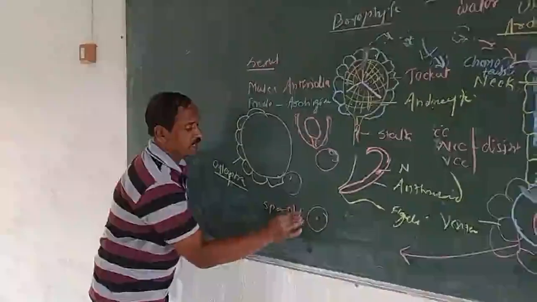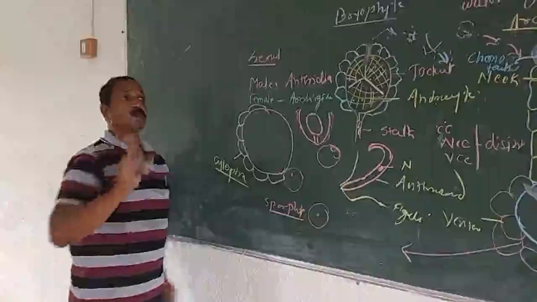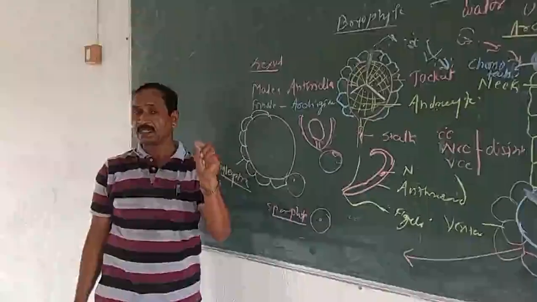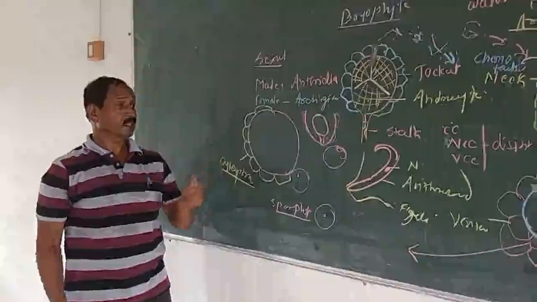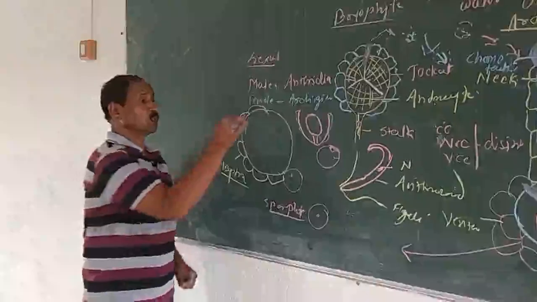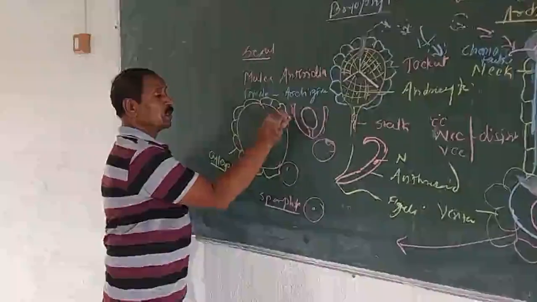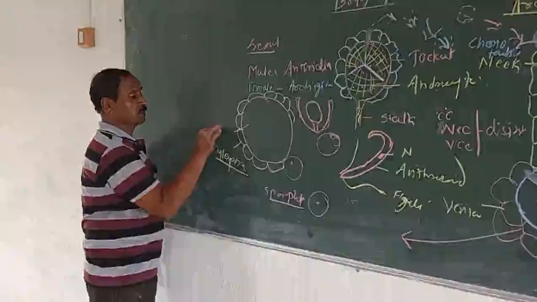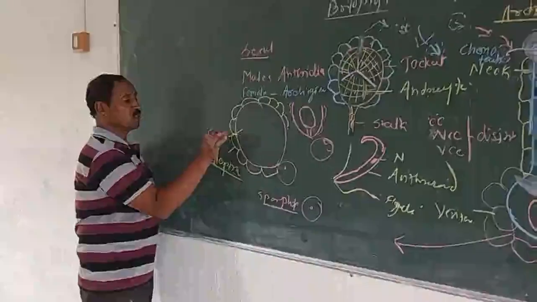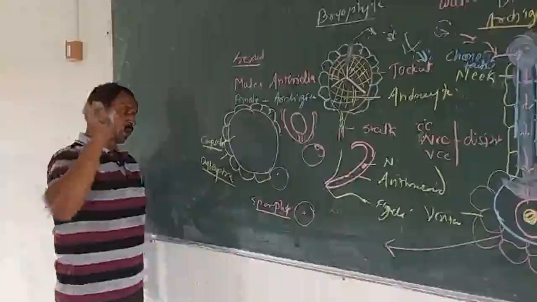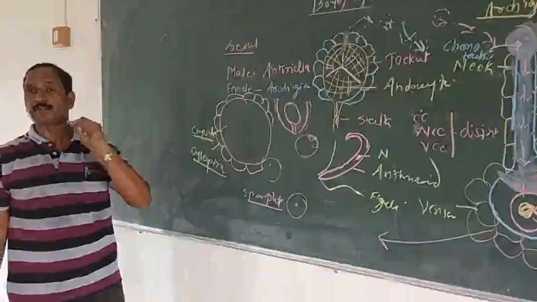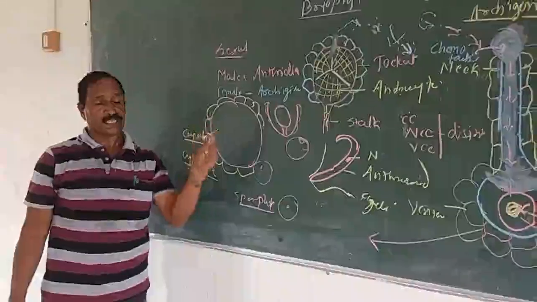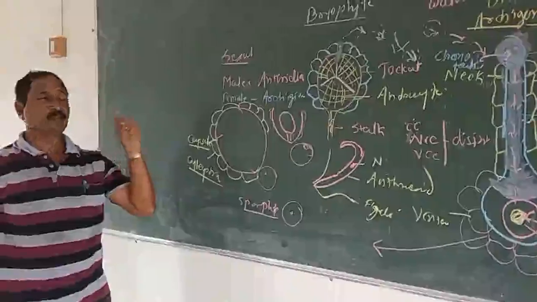In the sporophyte of bryophytes, there are three parts: foot, seta and capsule. But in Riccia, only the capsule is present. There is an objective question on this: only the capsule is present in Riccia, Anthoceros and Funaria.